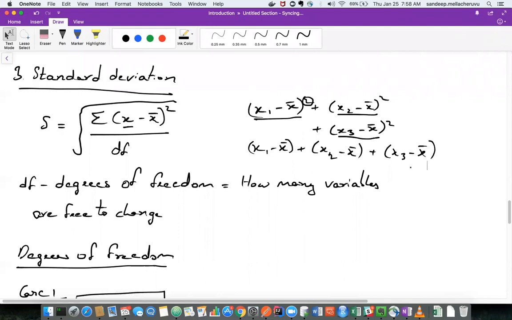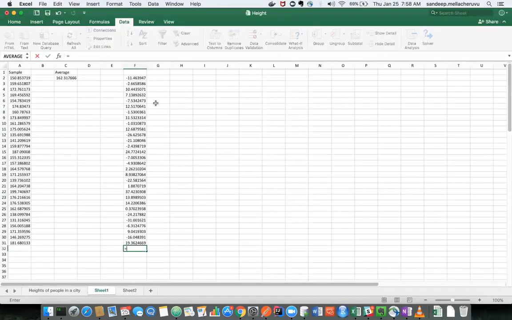I have to add up all of these terms. So what I can do is take the sum of all of these. What am I getting? I am getting a 0, and this is the basis for the entire statistics.